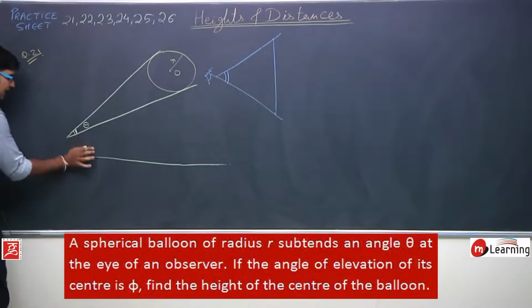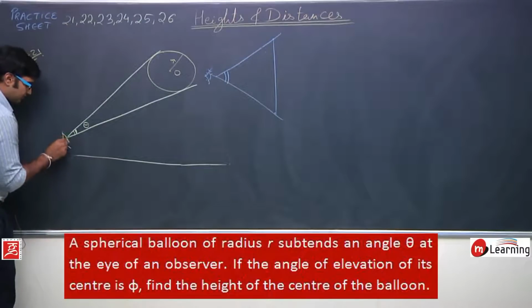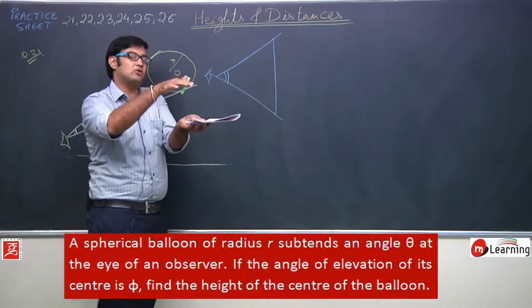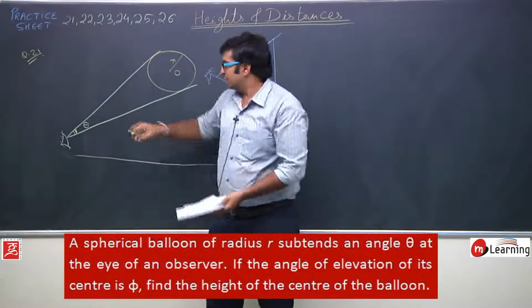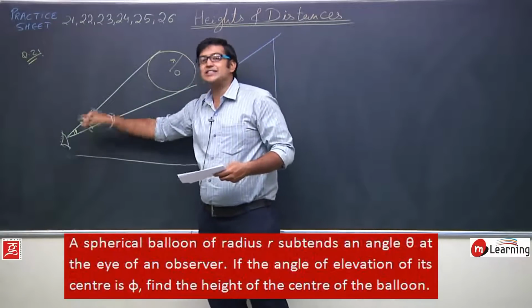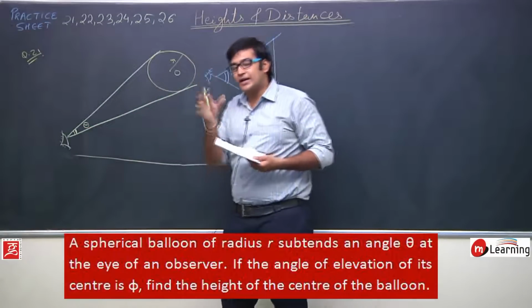My eye is somewhere here and I am observing this balloon. So the complete span of the balloon subtends an angle theta at my eye. I will call this theta the angle subtended by the balloon.